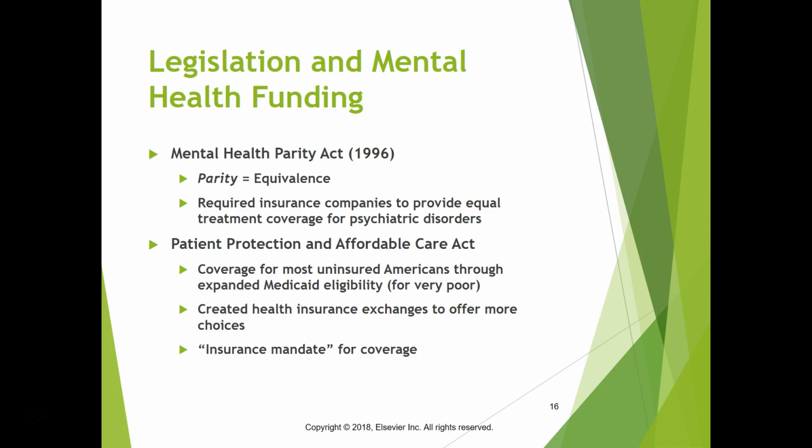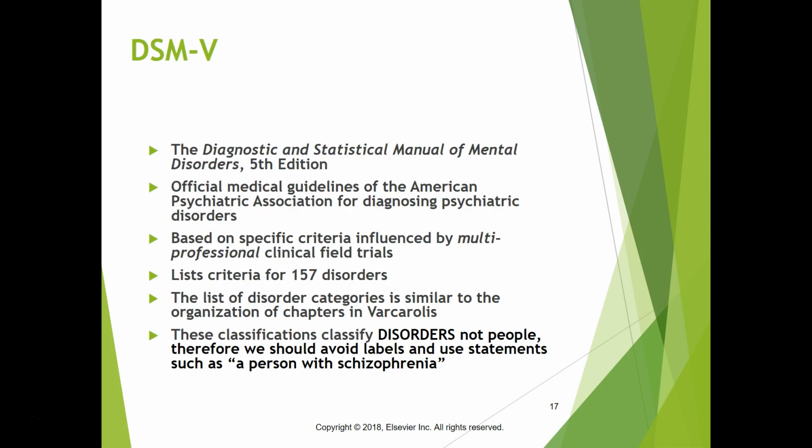The DSM-5. This is something we need to think about as far as mental illness, because this is the Diagnostic and Statistical Manual of Mental Disorders, the 5th edition. Mental illness has changed greatly from the first DSM to the DSM-5.